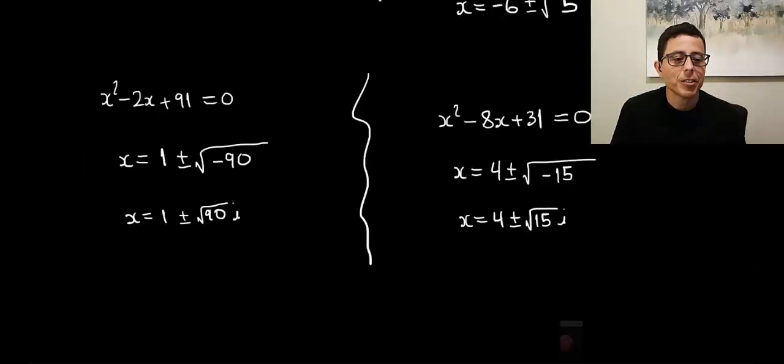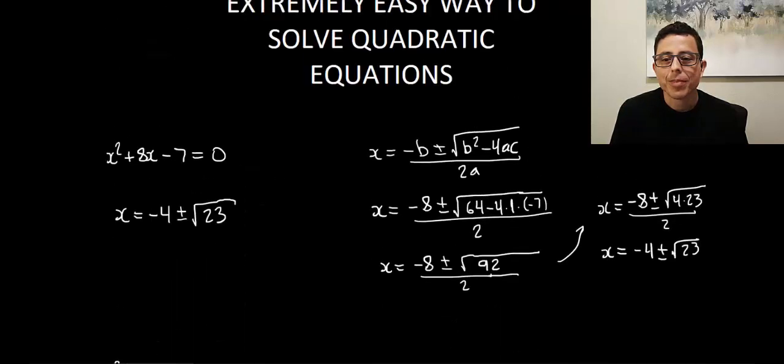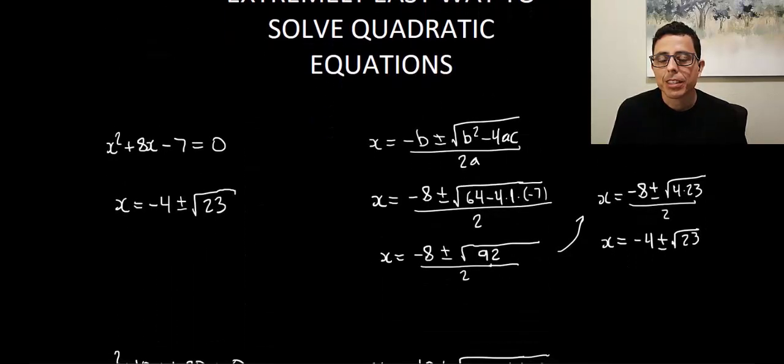Now let me explain how this method works. You probably notice in these examples that the coefficient of x squared is 1. And there's a reason for that. The method works when the coefficient of x squared is 1. If you have a quadratic equation where the coefficient of x squared is not 1, that's not a problem.